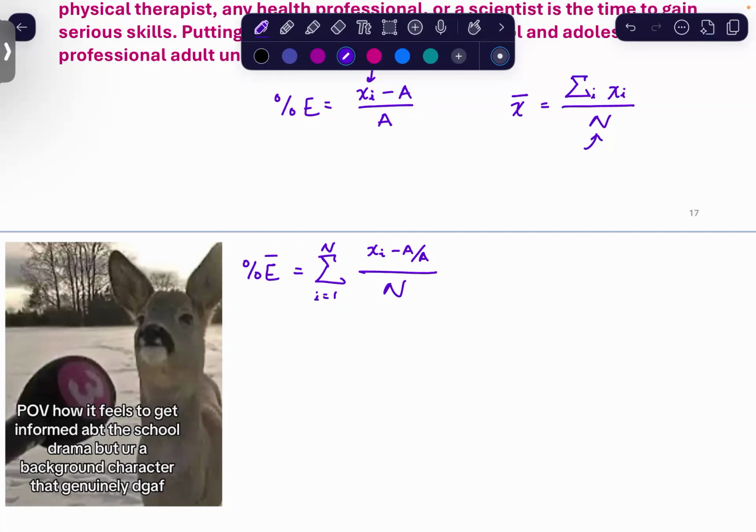Another way you could look at this, so again, each one of these would be a percent error for an individual data point. So same idea, same kind of formula.